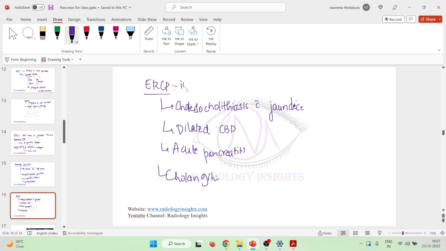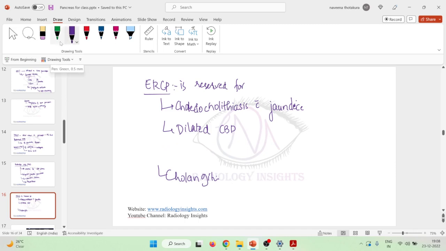So ERCP is mainly reserved for patients with choledocholithiasis with jaundice, with a dilated common bile duct, or cholangitis. Obviously, we are using it to diagnose acute pancreatitis. So it is used for all these patients.